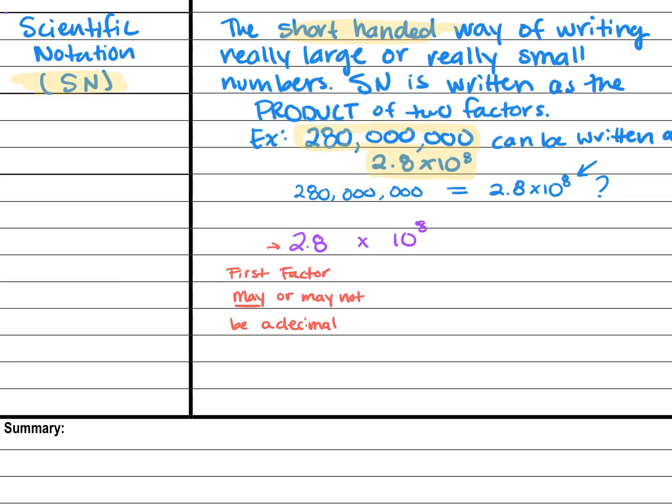Okay, it could be 2 times 10 to the 8, right? But it cannot be 0.8, okay? There needs to be a whole number, okay? There has to be a whole number in front of the decimal.